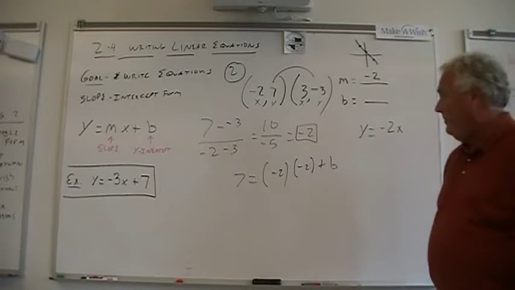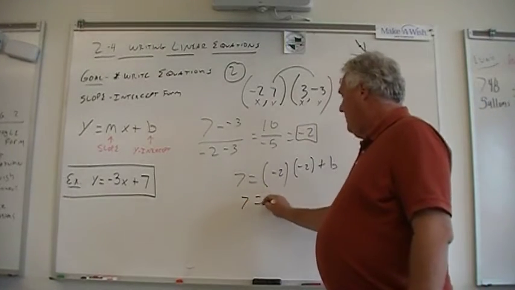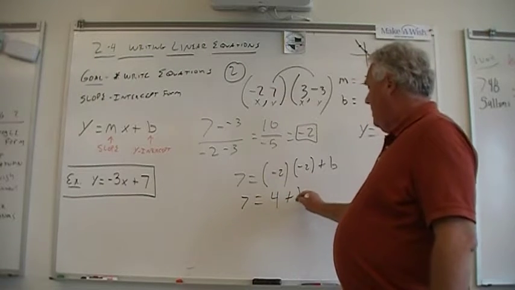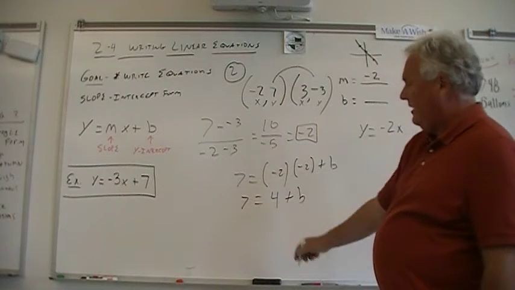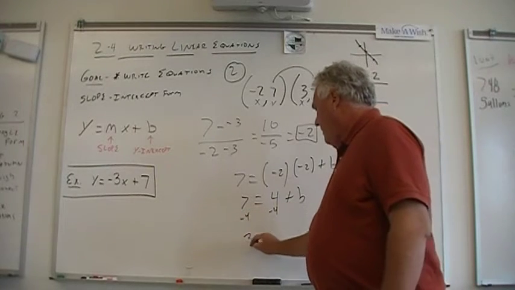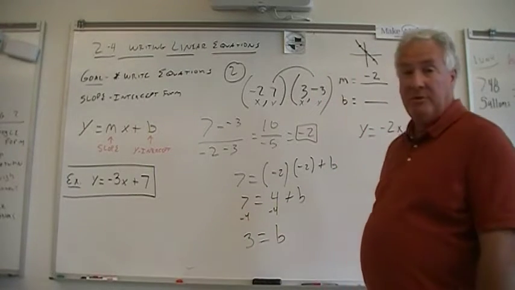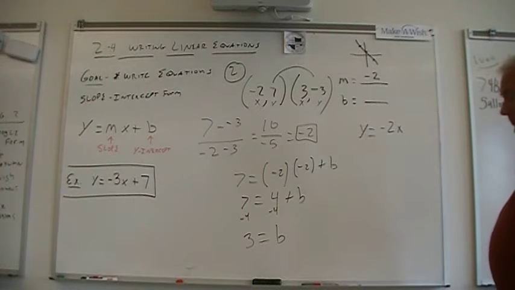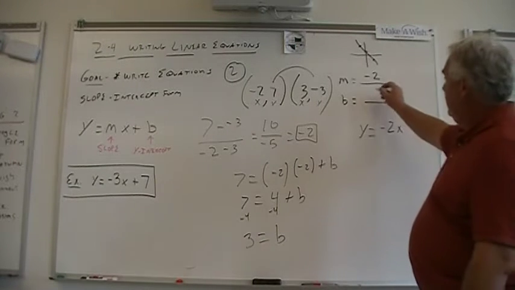And we can solve for b. 7 equals positive 4 plus b. Negative 2 times negative 2 is positive 4. Take away 4, 3 equals b. So b equals 3.